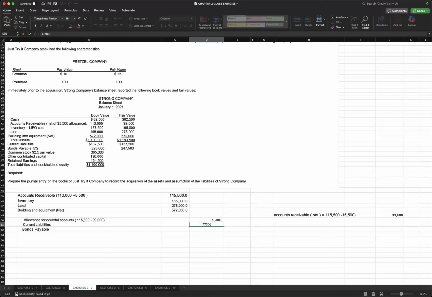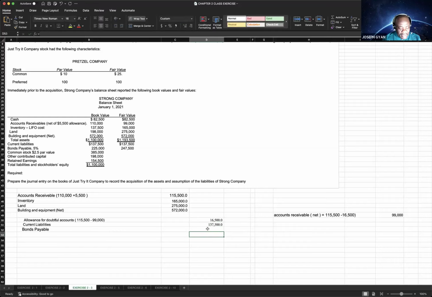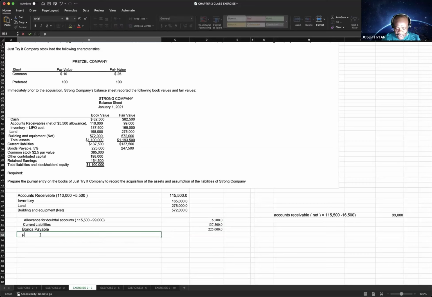It's 137,500. Yeah, I forgot a 3. And then the amount of the bonds payable is 225. This 225 is due to the fact that there's a premium on the bonds.